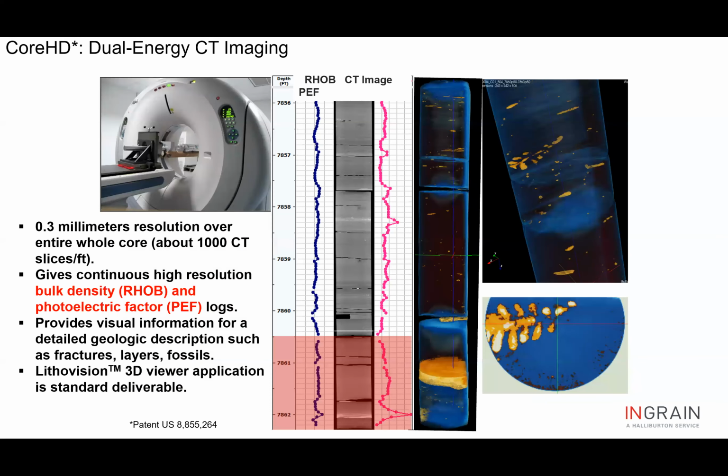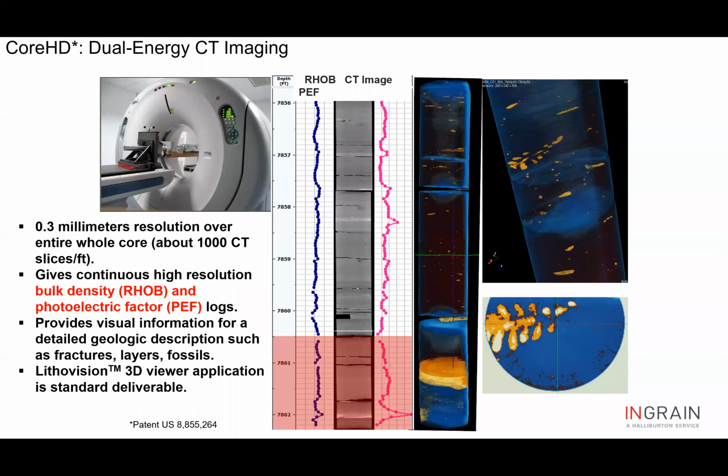So let's talk about the CT scan first, and then we'll go into the SEM analysis. When we are doing the CT scan, we are measuring it at 0.3 millimeters resolution over the entire core. So it's a lot of data and a very high resolution in defining the rock and catching the heterogeneity of the rock, right? And at the same resolution, we are getting the density and the photoelectric absorption, which is a lithology indicator property of the CT scan.